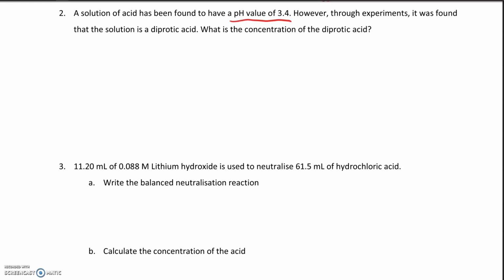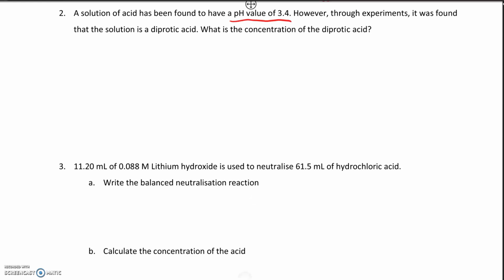Now, first of all, here you have to understand what is a diprotic acid. Diprotic acid, using understanding the prefix di, literally means 2 protic protons. So we're talking about an acid that has 2 protons that are going to be released or donated.